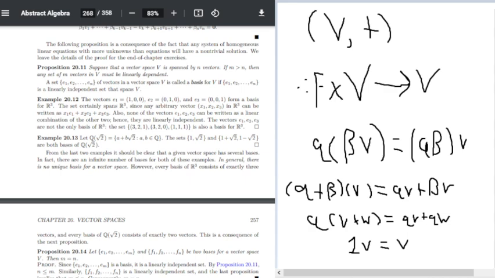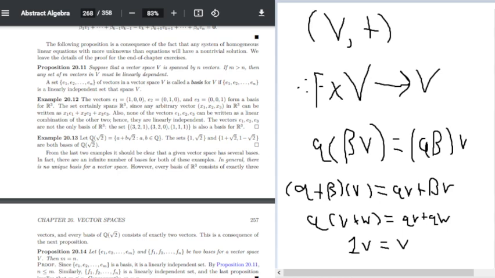The set certainly spans R3, since any arbitrary vector (x1, x2, x3) in R3 can be written as x1 e1 plus x2 e2 plus x3 e3. Also, none of the vectors e1, e2, e3 can be written as a linear combination of the other two, hence they are linearly independent. The vectors e1, e2, e3 are not the only basis of R3. The set (3, 2, 1), (3, 2, 0), and (1, 1, 1) is also a basis for R3.